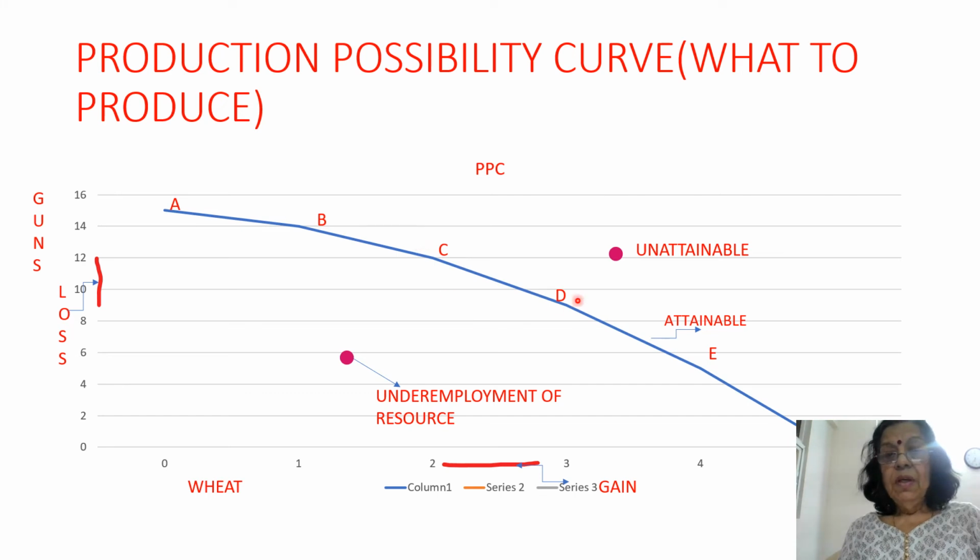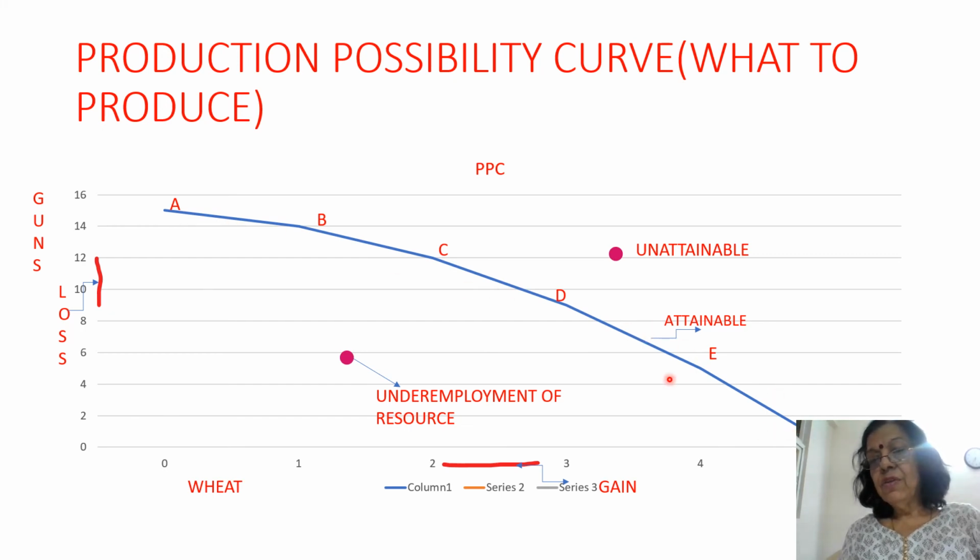Now, if we are at this point, it is not possible, unattainable, because we do not have resources. If we are here on this point, that means underemployment of resources. That means the country or economy is not using all of its resources, and these are attainable on any point.